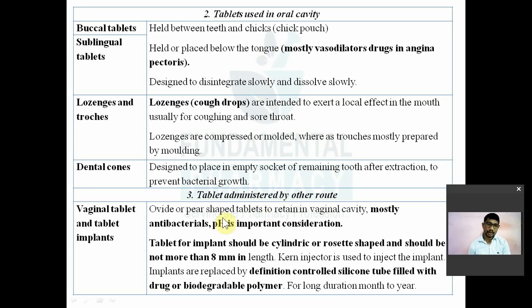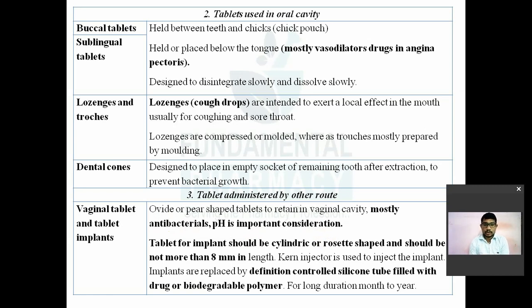Now the third category of tablet is tablets administered by other routes. For example, vaginal tablets and tablet implants. Vaginal tablets are ovoid or pear-shaped tablets to be retained in the vaginal cavity of ladies. Why is there a need for this kind of tablet? Because most of the time ladies get fungus infection or Candida albicans infection.